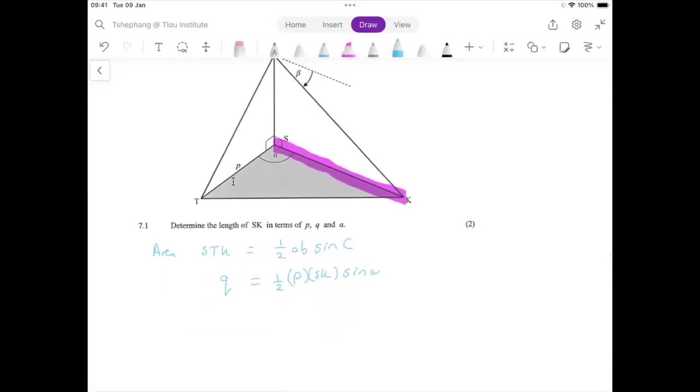We are looking for SK, so multiply both sides by 2. 2Q is equal to P SK sine of alpha. Divide both sides by P sine of alpha. So SK is equal to 2Q over P sine alpha.